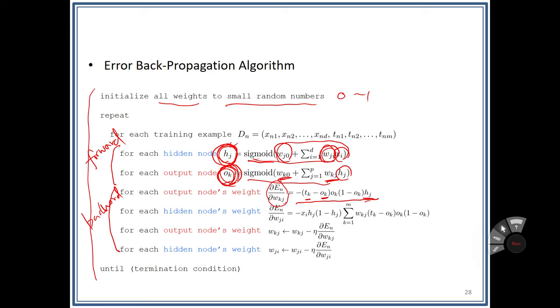So we can numerically find these two values, and the current wkj can be updated by this formula.